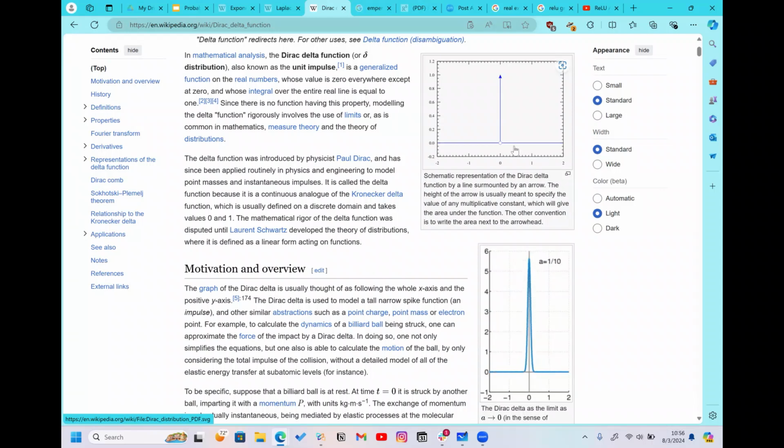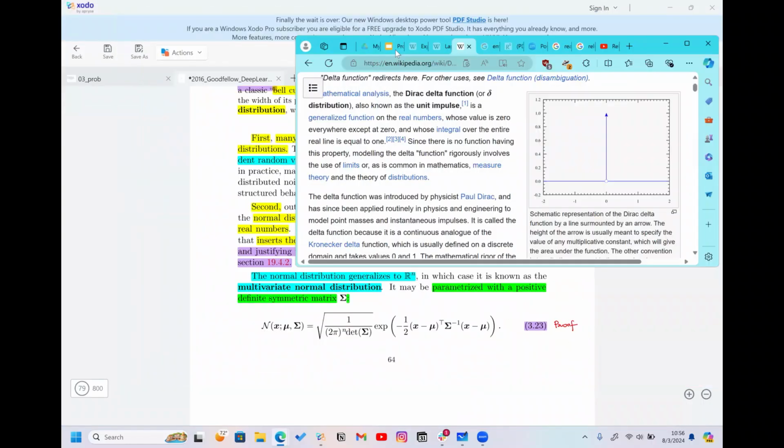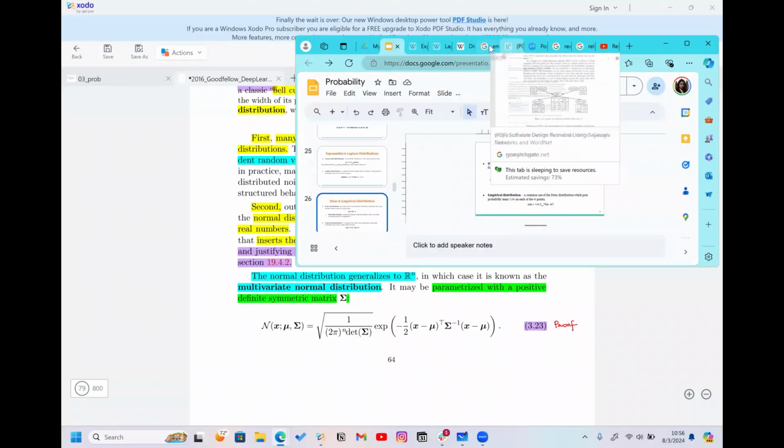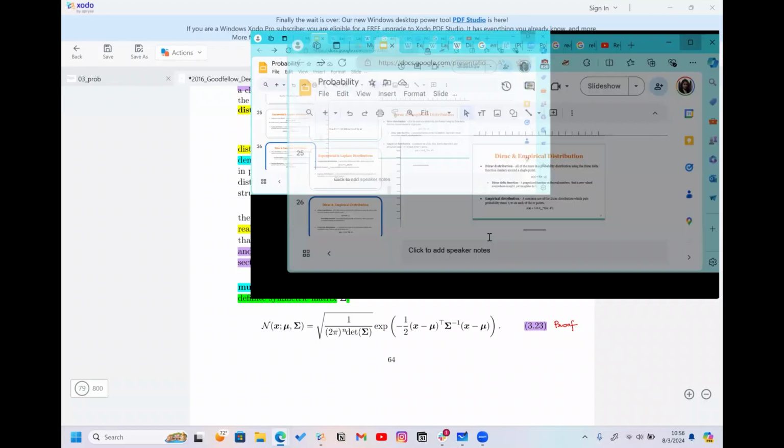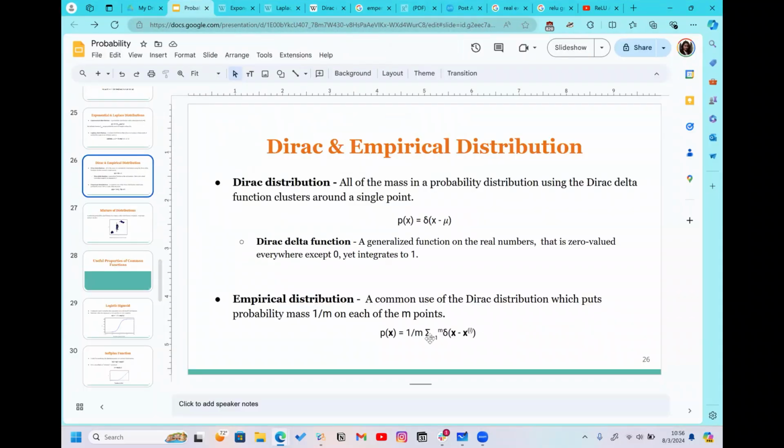So it still has an area of 1. And this function is used for the empirical distribution, where they say that it puts a probability mass on each of the different points of the training data.